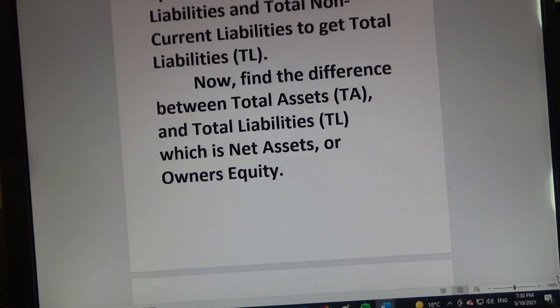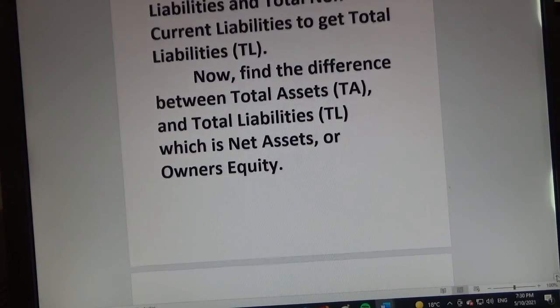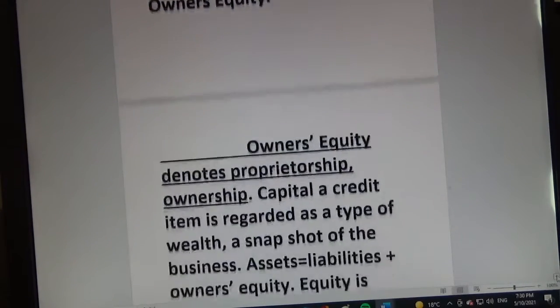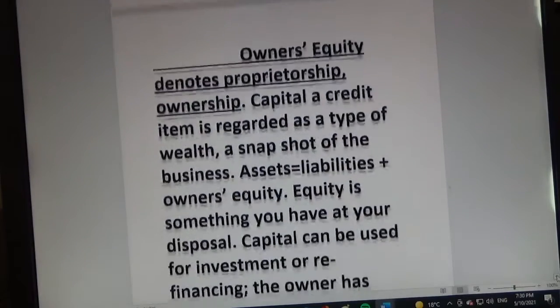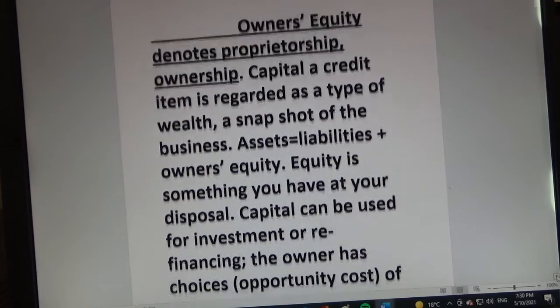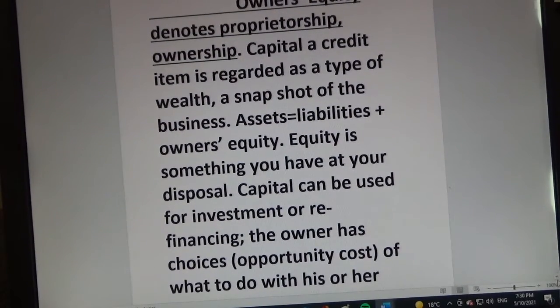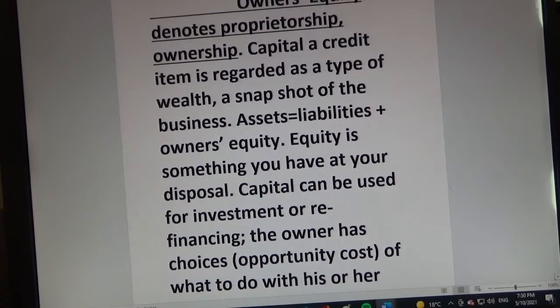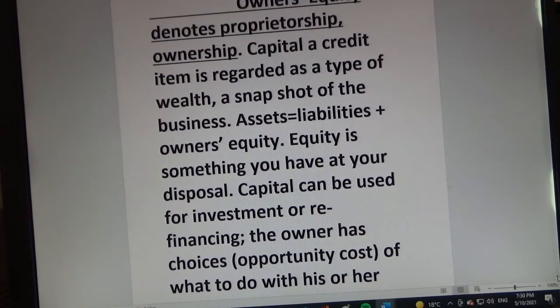also called proprietorship, and that denotes ownership, the capital in the business, either of the sole trader, the partners, or the company. So owner's equity denotes proprietorship, a proprietor, and capital is a credit item in the balance sheet, liabilities are also a credit item, and assets are a debit item in the balance sheet.